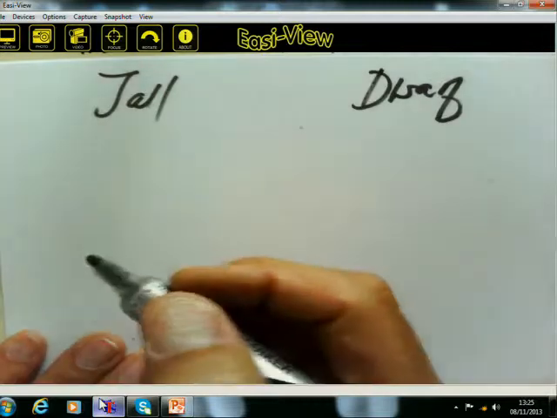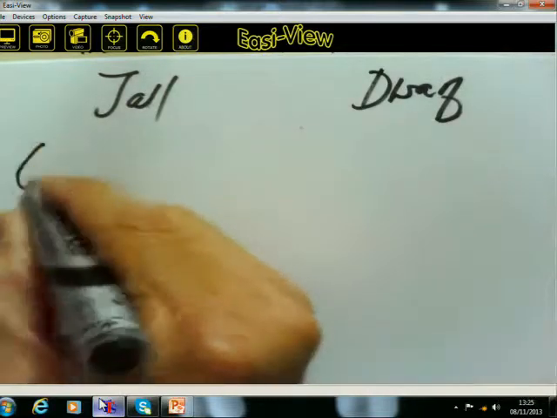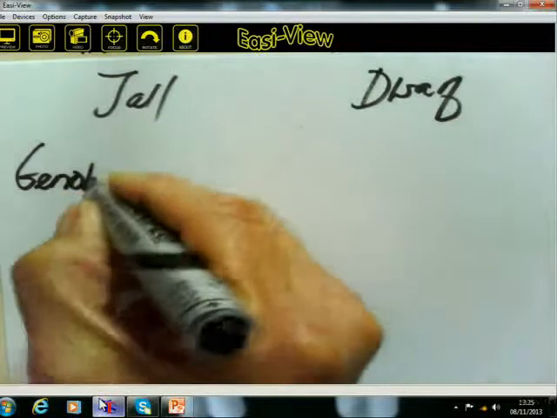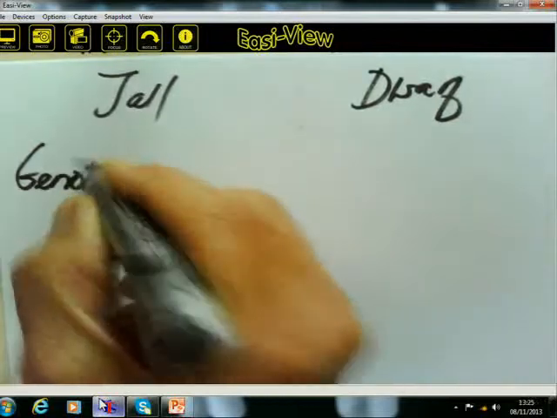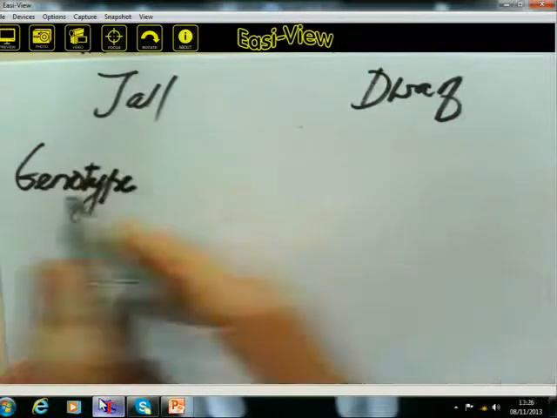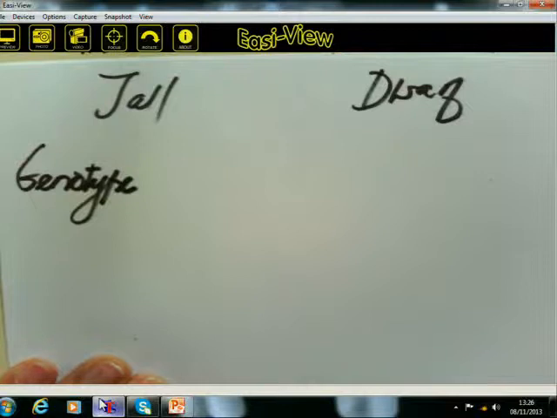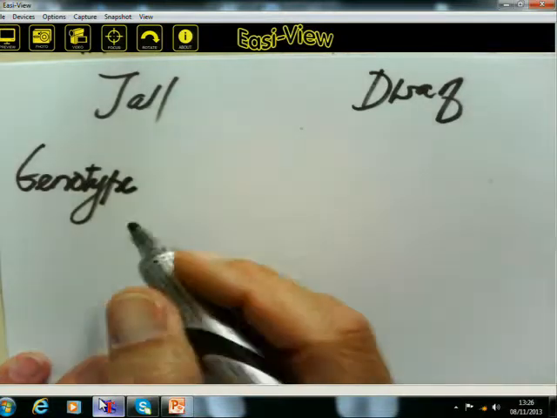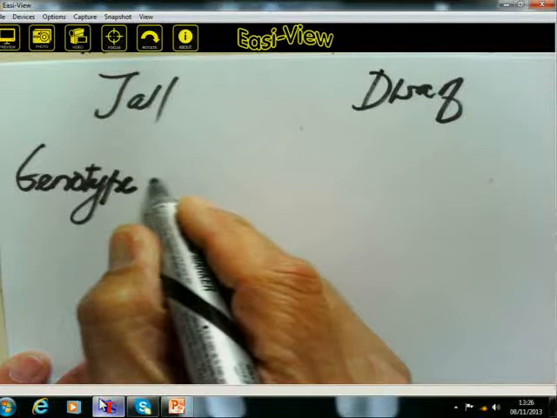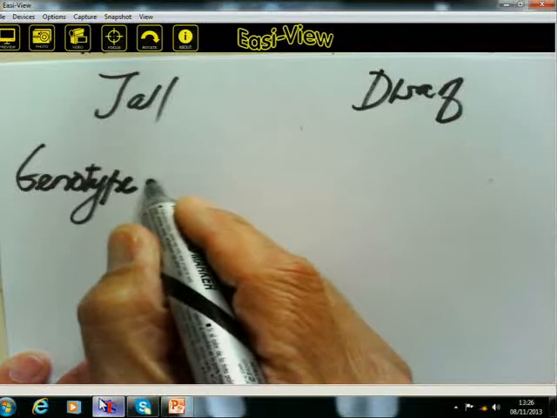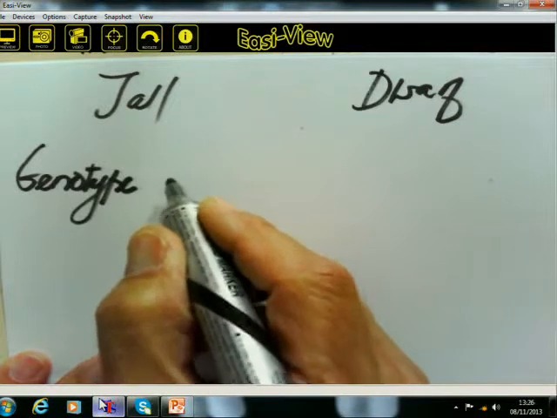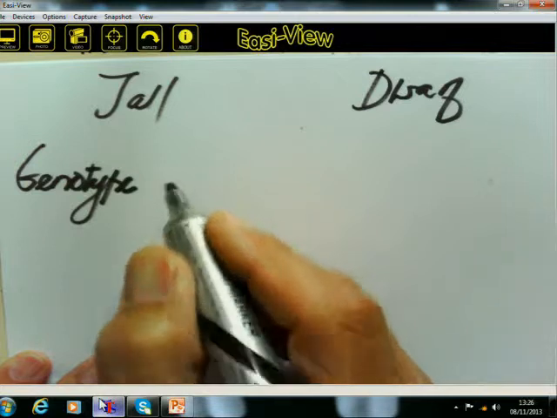But now it is important, what about the genotype? What about the genetic composition of the tall growing plant and the genetic composition of the short growing plant? By now you know that the genotype of a specific characteristic is indicated by using alphabetical letters.